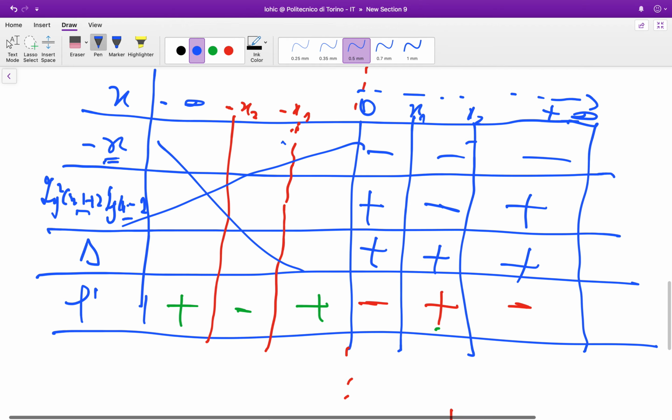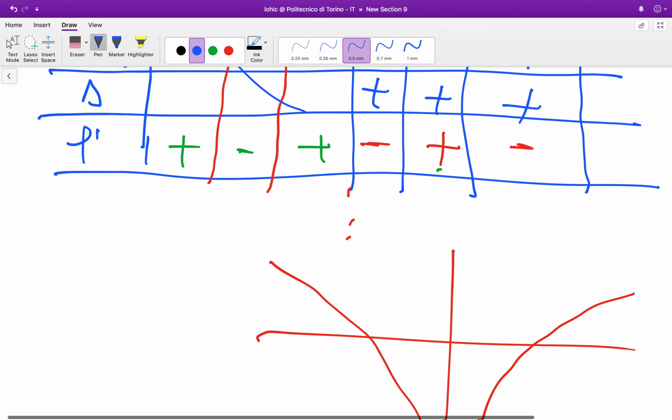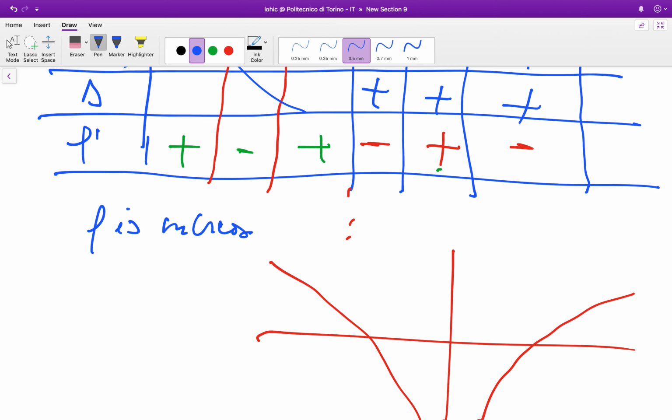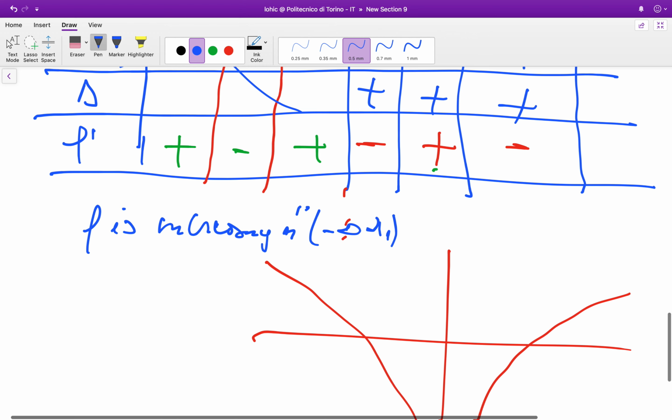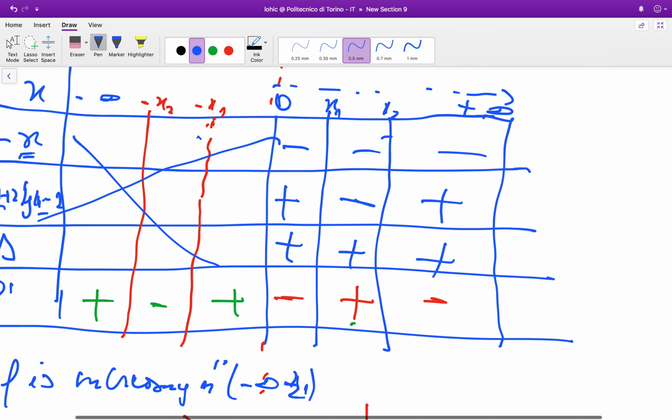You can now say from this that f is increasing in, for example, let's write, f is increasing in minus infinity till minus x2, in this interval.